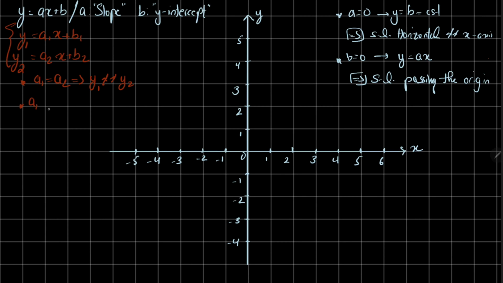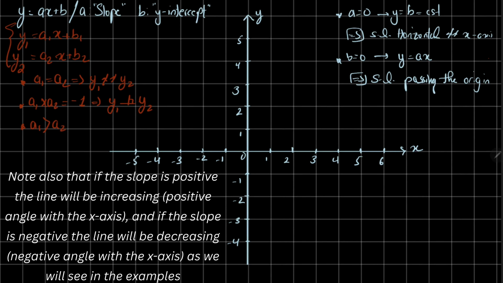And if a1 times a2 is equal to minus 1, then y1 is perpendicular to y2. We can see also that if a1 is greater than a2, then the angle between the x-axis and y1 is greater than the angle between the x-axis and y2.